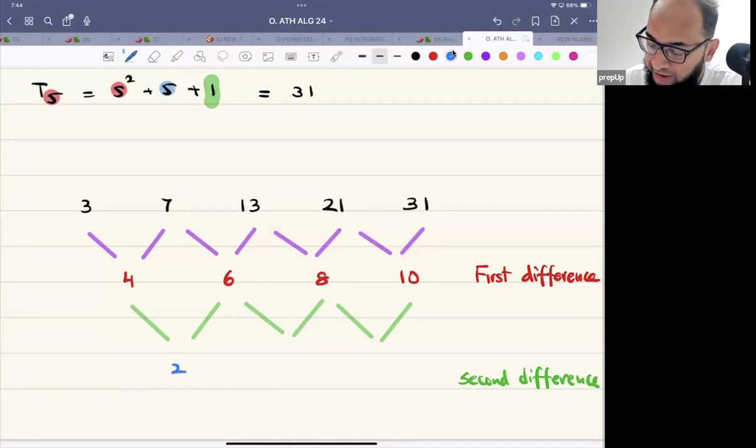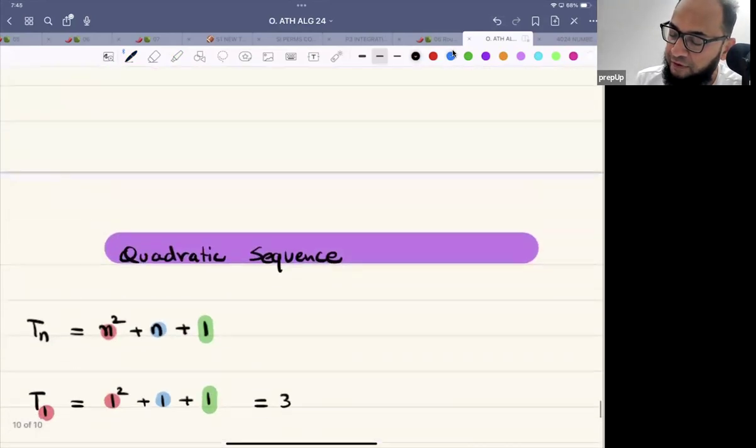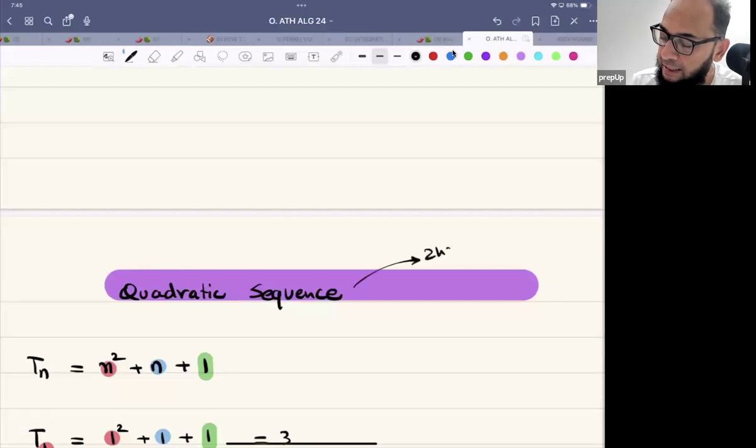This is 2, this is 2, this is 2. That means the hard and fast rule is, if the second difference is constant, that means it is a quadratic sequence.